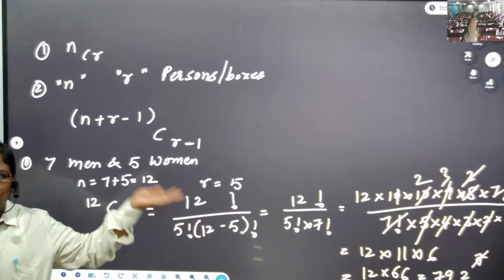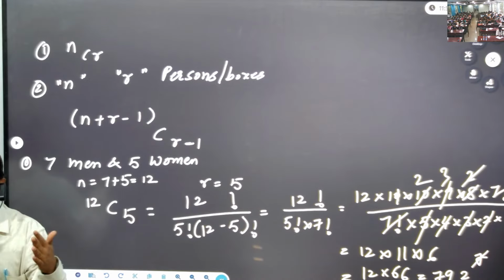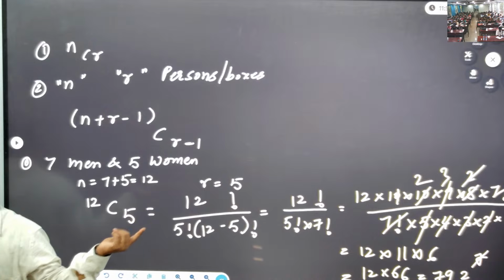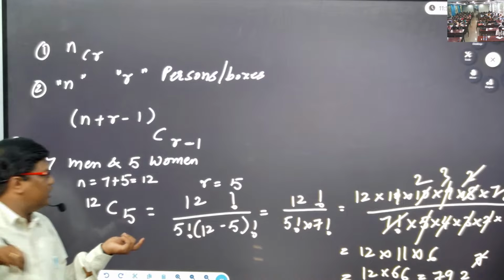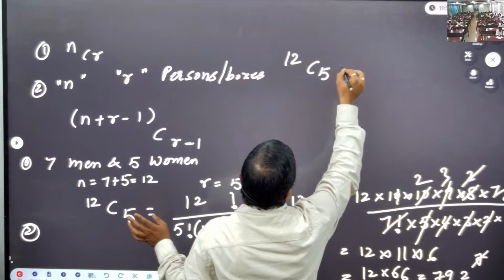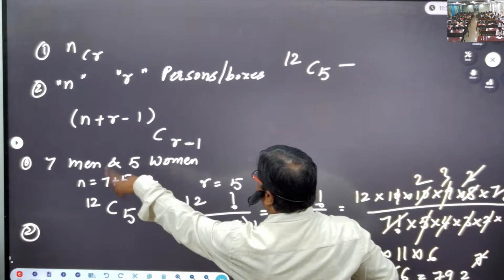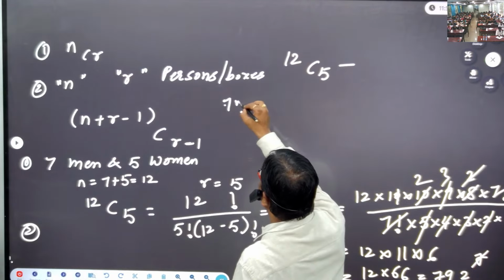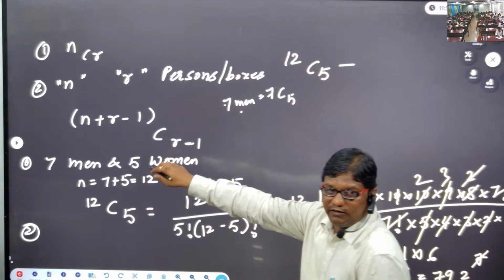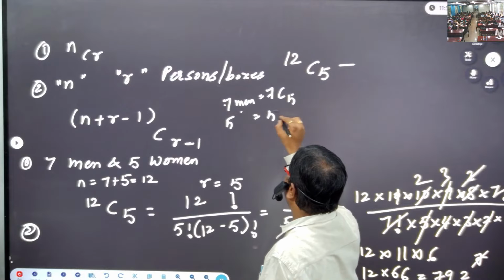Right? So now, if I am going to get at least one man as a team member or committee member, how am I supposed to do it? I need to get the value of 12C5 first, minus what I will be doing with 7 men, which is 7C5, and later I will be doing with 5 women, that is 5C5.